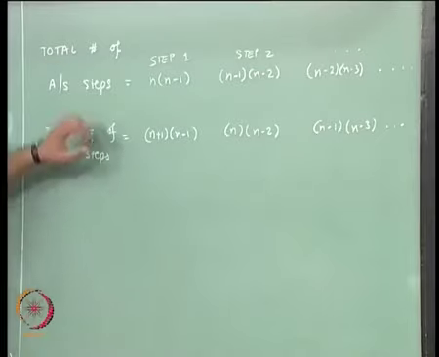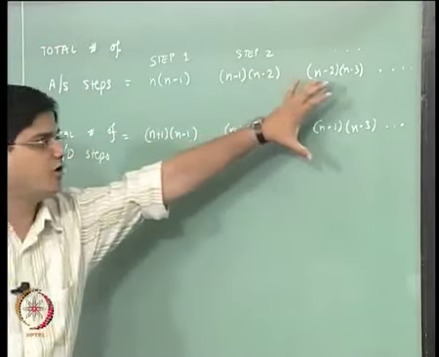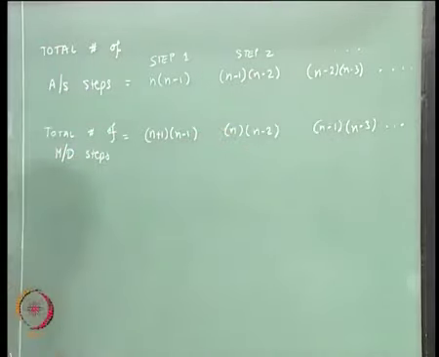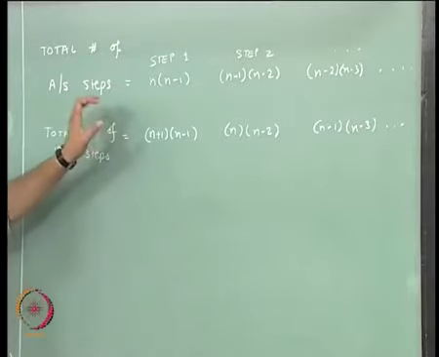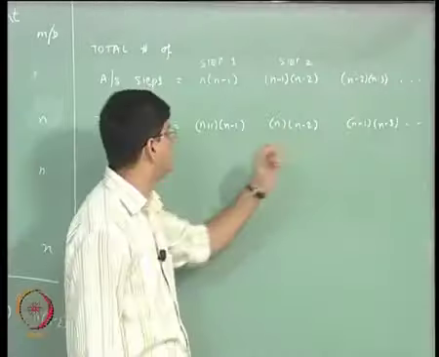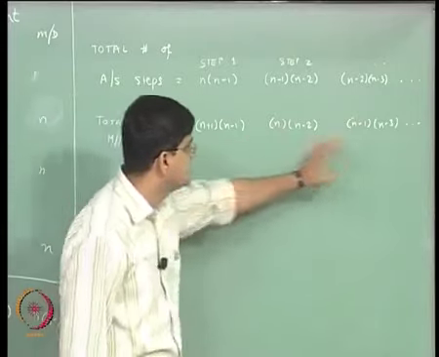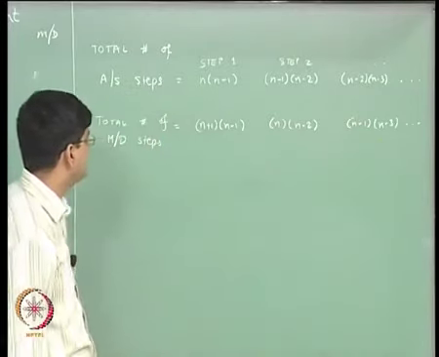Okay. So as a result, the total number of addition subtraction steps is just the sum of these, and the total number of multiplication division steps is just the sum of this particular thing.